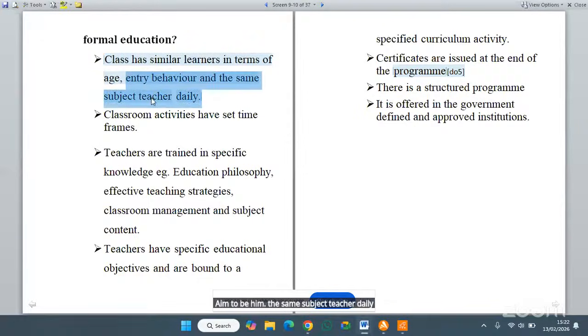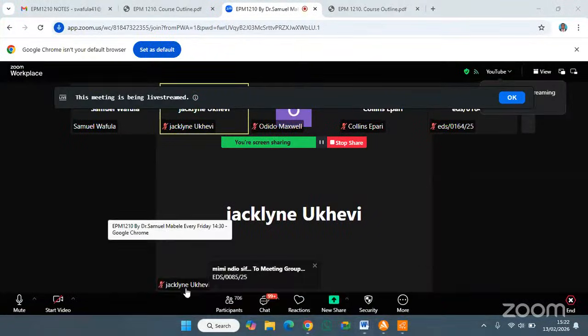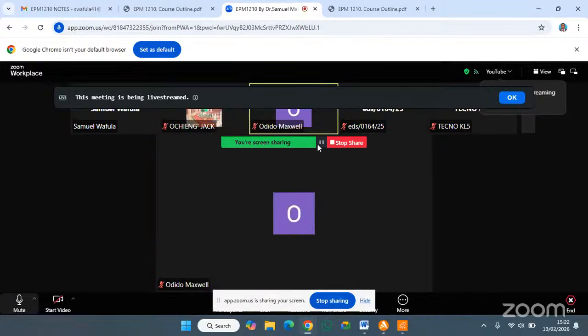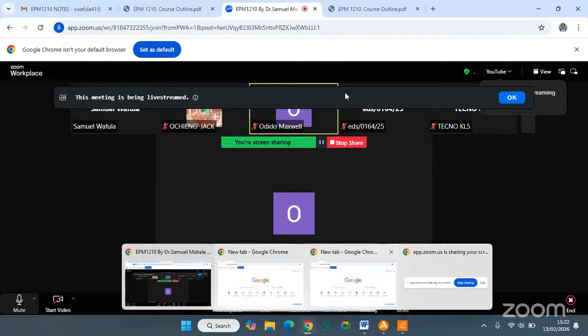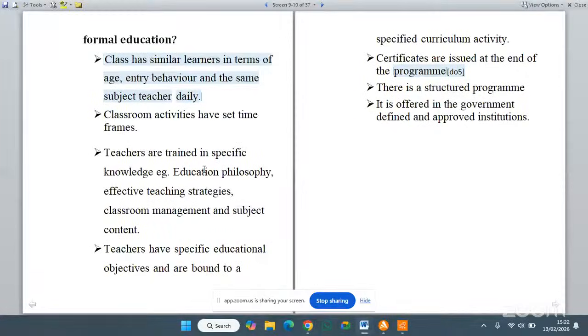So the teacher will be handling the same concepts, then classroom activities have set time frames.